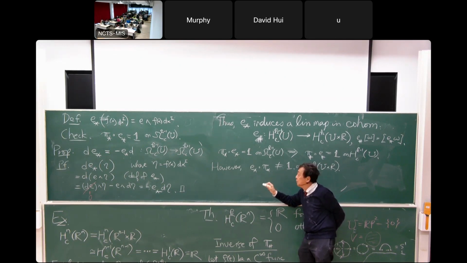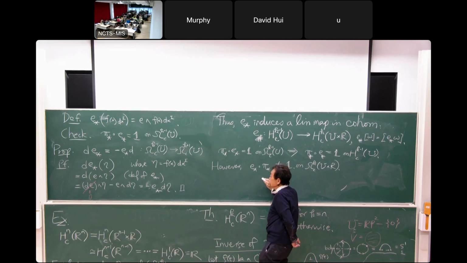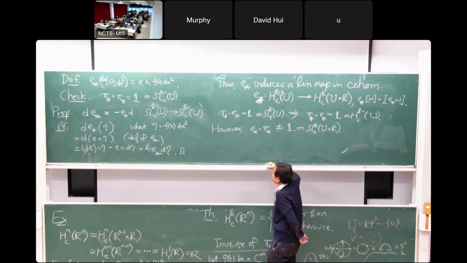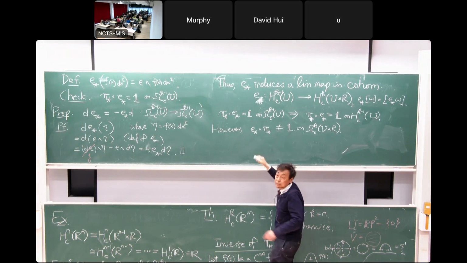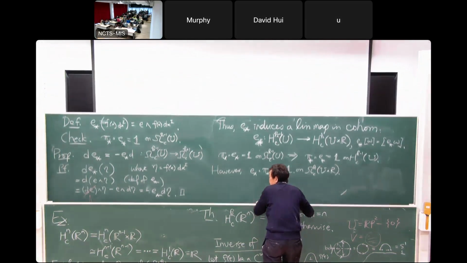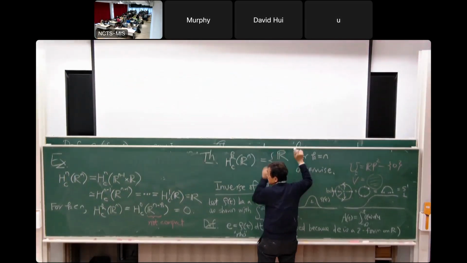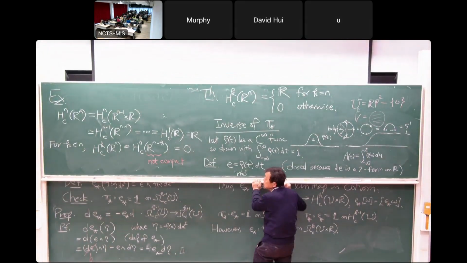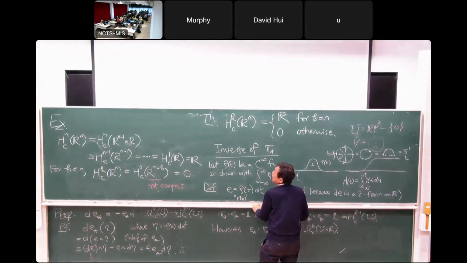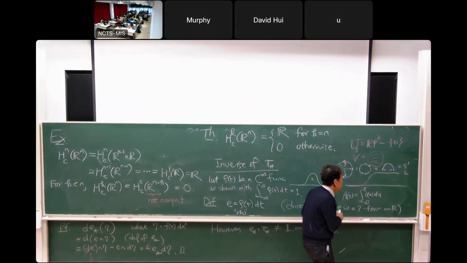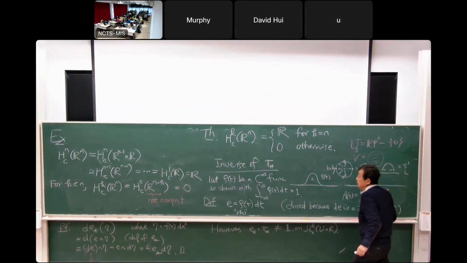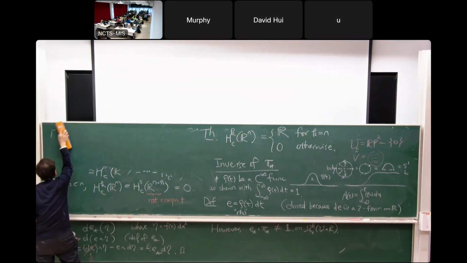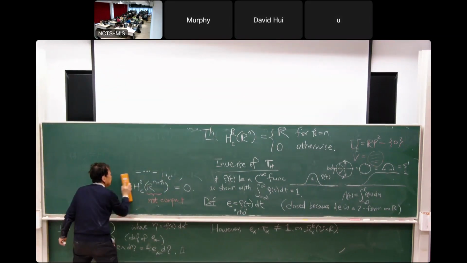Okay? So what we need to find is a cochain homotopy between these two maps. Let me show you how to find that cochain homotopy.